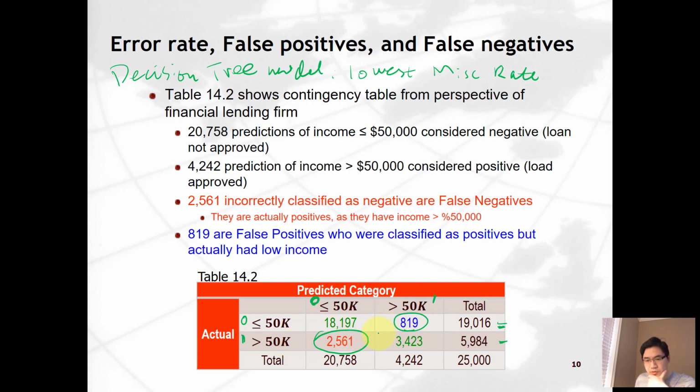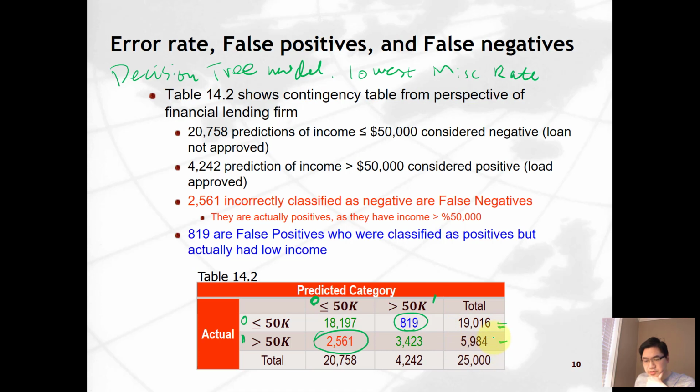And you may wonder why it makes more false negative mistakes than false positive mistakes. A simple explanation, which may not be totally accurate, would be that there are simply more negative cases in the original data set. There are more low earners in the population than high earners.